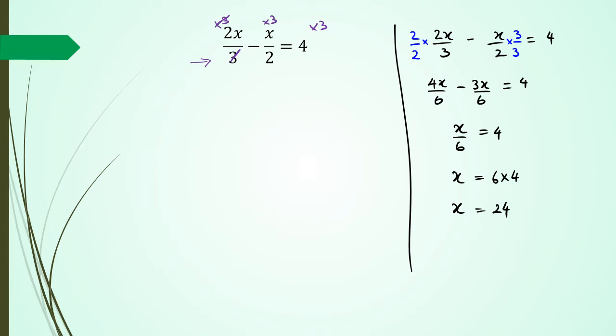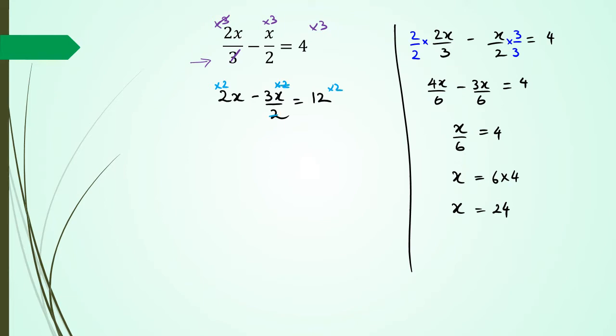Anyway, where are we? The next step is I rewrite it as 2x minus 3x over 2 equals 4 times 3, which is 12. Now I want to get rid of the 2, so I'm going to multiply everything by 2: this by 2, this by 2, and this by 2.